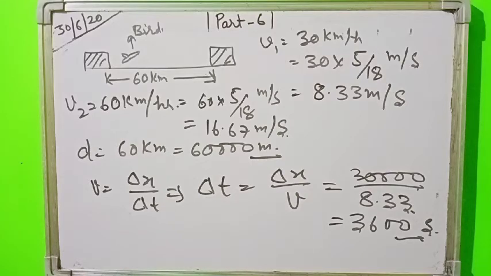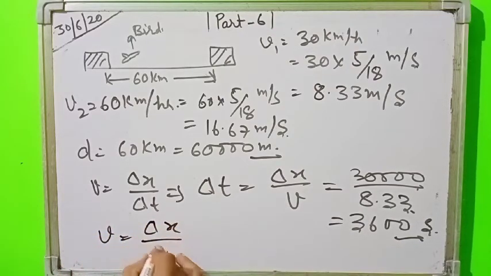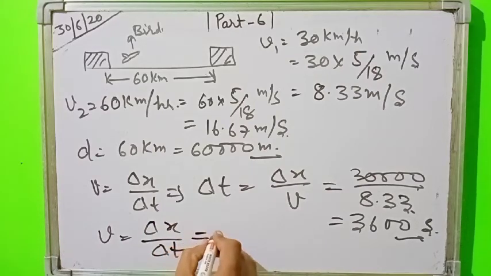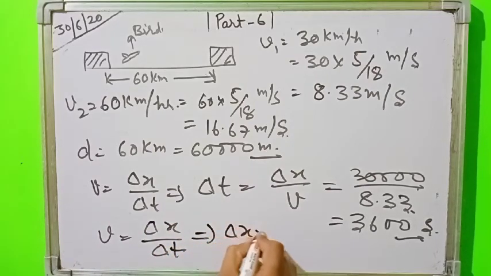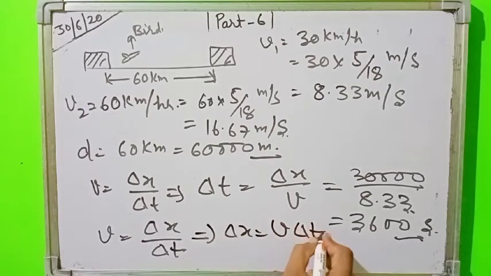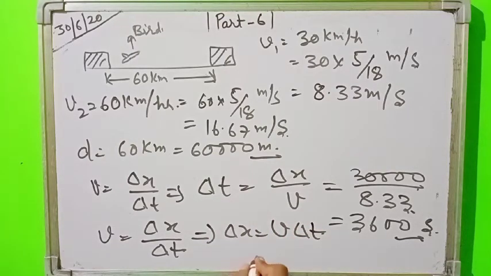Now the time for average V: V is equal to delta x upon delta t, or delta x is equal to V into delta t. So delta x is equal to V into V, which we had calculated.